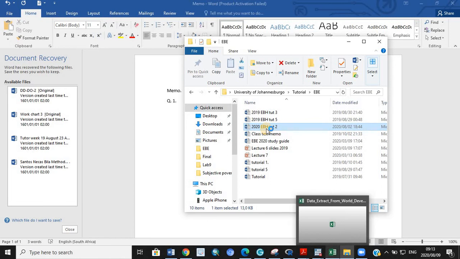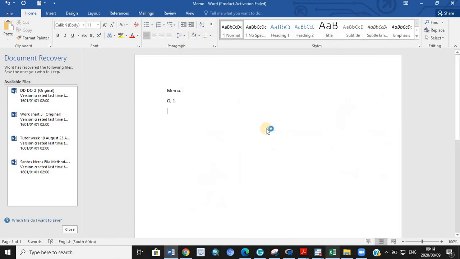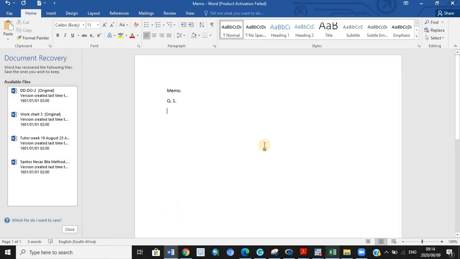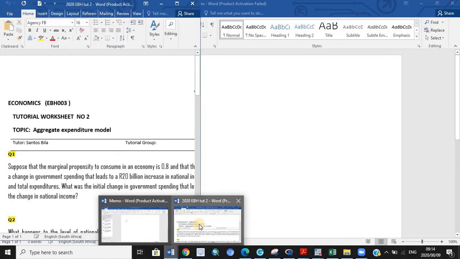Let's wait a little bit while it opens. I hope by now everyone knows how to determine the multipliers. And we take it from there. This is going to take a few seconds to open. There we go.